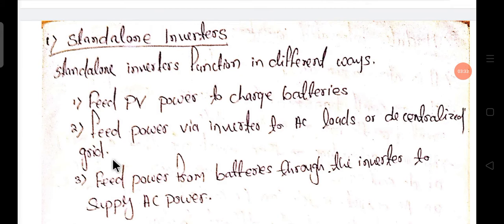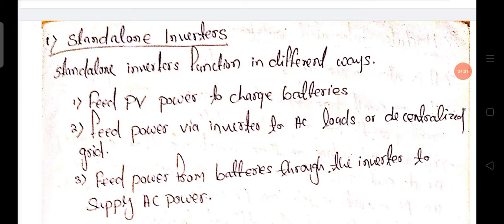That means it also feeds power via the inverter to the AC load. AC load means the load or the instrument we want to run in the home that uses AC power. One instrument is one load.